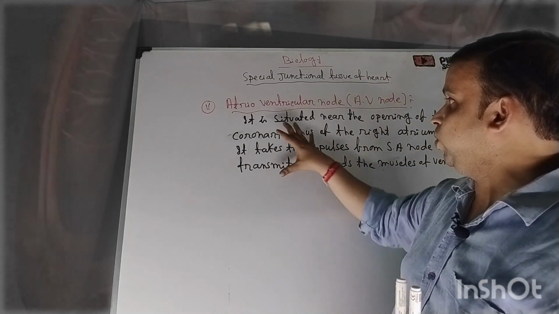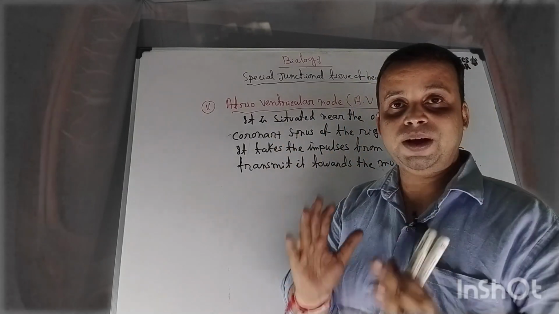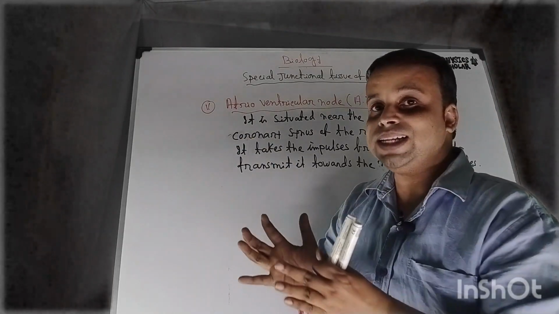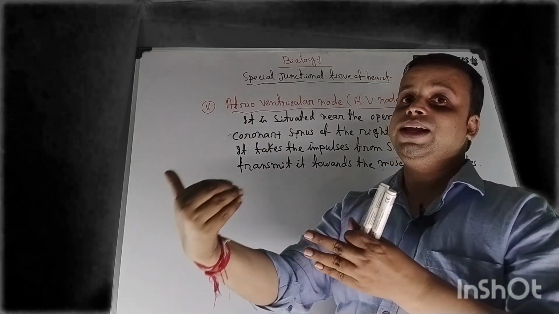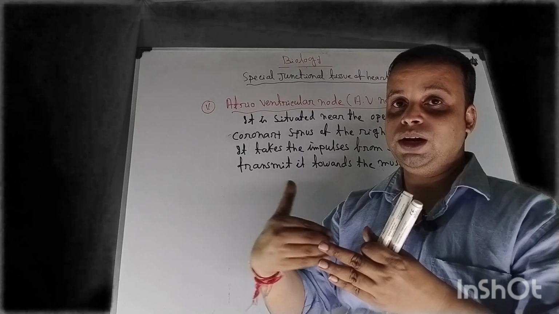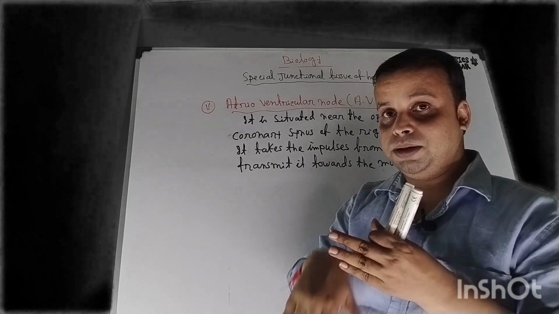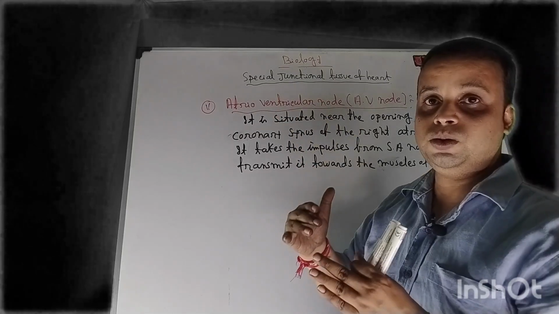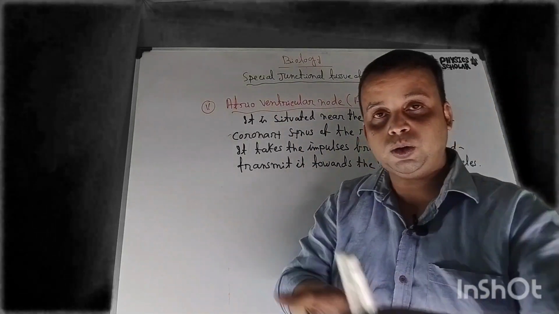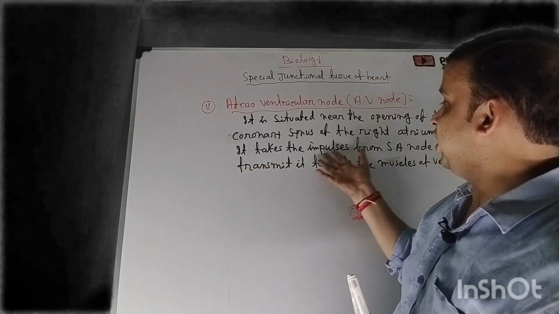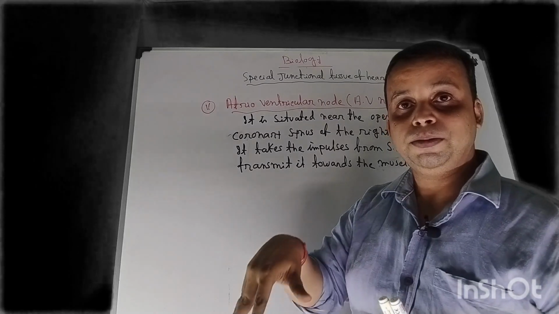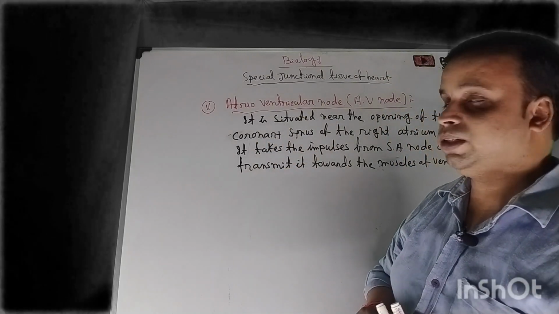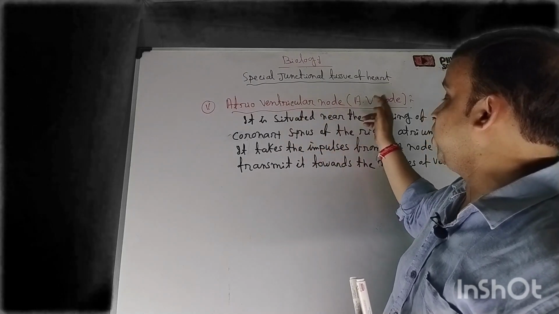So what is the function of this? It will take the impulses, and then through the bundle of His it will carry them, because it is a junctional tissue. The function of junctional tissue is to either create the impulses or to carry the impulses. So it will carry the impulses towards the ventricles. This is the main function of the atrioventricular node, or AV node.